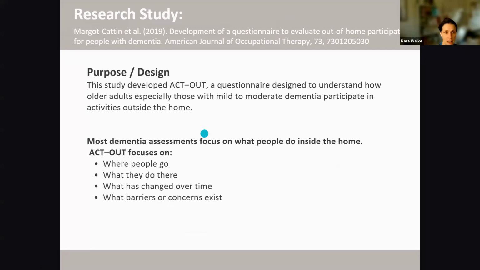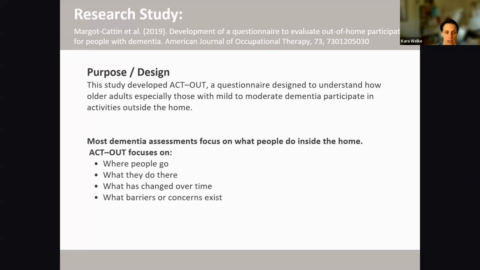This study was really one of the first studies when they were creating it and looking at the development of the questionnaire to evaluate out-of-home participation. And like I mentioned earlier, they started this because they were working with people with mild to moderate dementia. They found out that most dementia assessments focus on what people do inside the home, and the ACT-OUT focuses on where people go, what they do, what has changed, and what barriers.